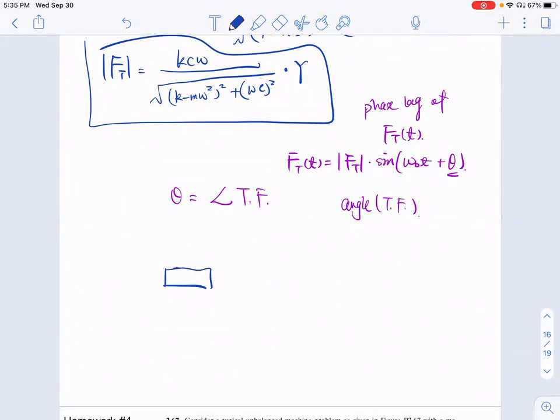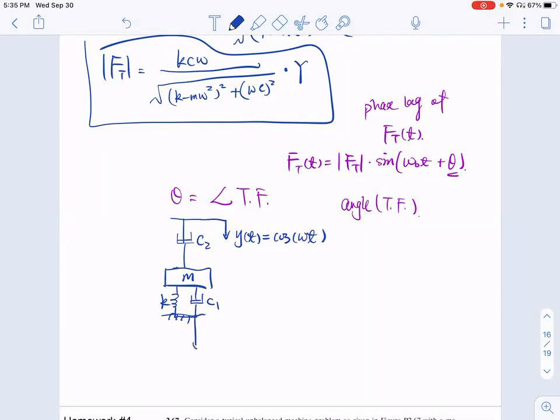Like if you have your mass, your K, your C, C1 and C2, and somebody is pushing it using y(t) equals cosine omega t.